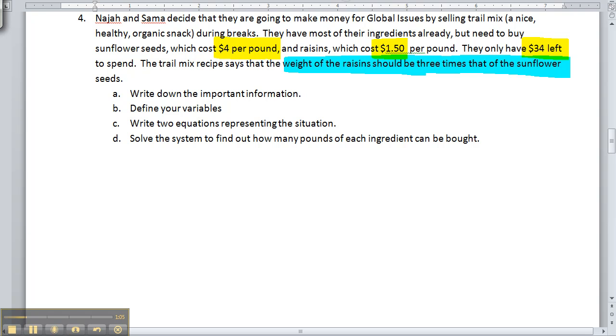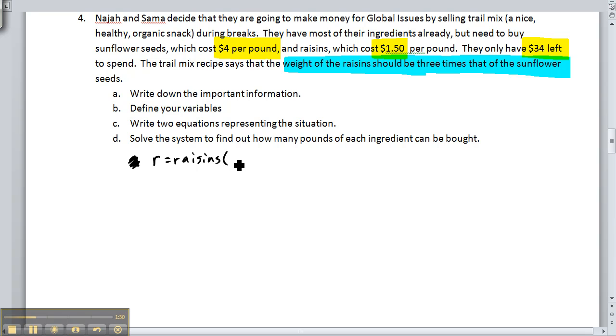Let's define our variables. If you read the last part of the problem, it says solve the system to find out how many pounds of each ingredient can be bought. So I'm looking for the pounds of each ingredient. That means one needs to be X and one needs to be Y, or you can use other letters if you want. Just for the heck of it, let's use R for raisins.